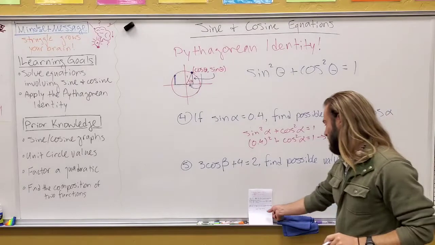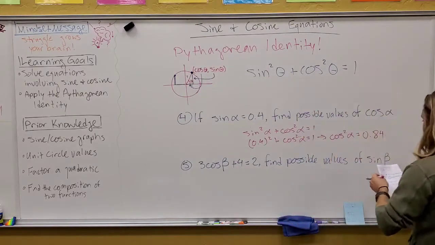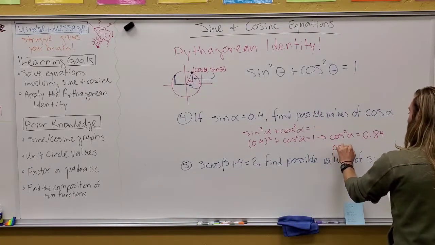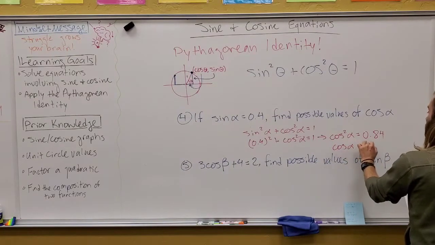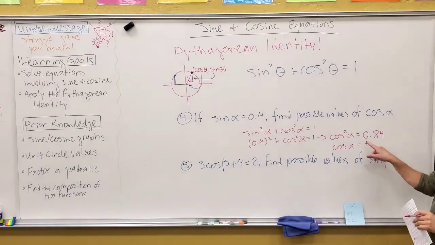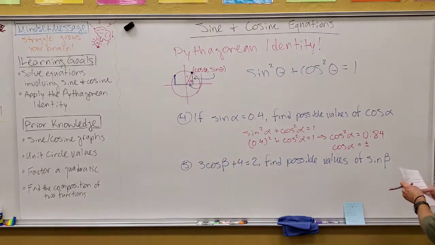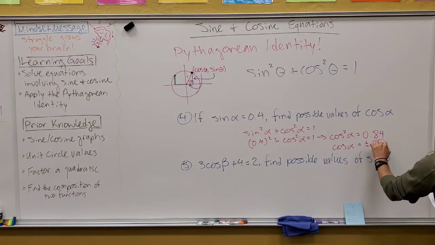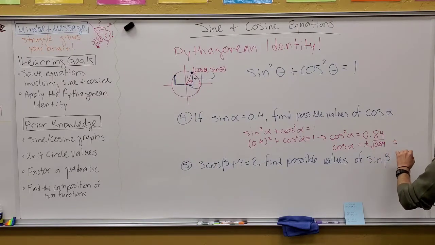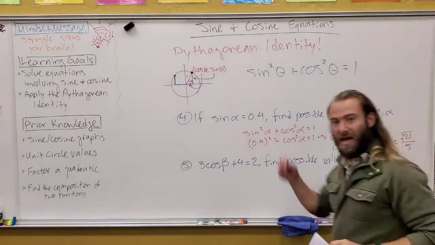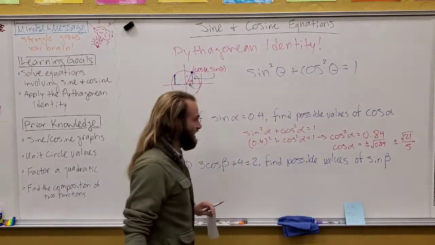and therefore cosine alpha could be equal to plus or minus. Remember, once we square root both sides, there's two possibilities, right? The square root of 0.84. Now your calculator might also simplify it for you nicely. Root 21 over 5 would be the actual full simplification of that, okay?